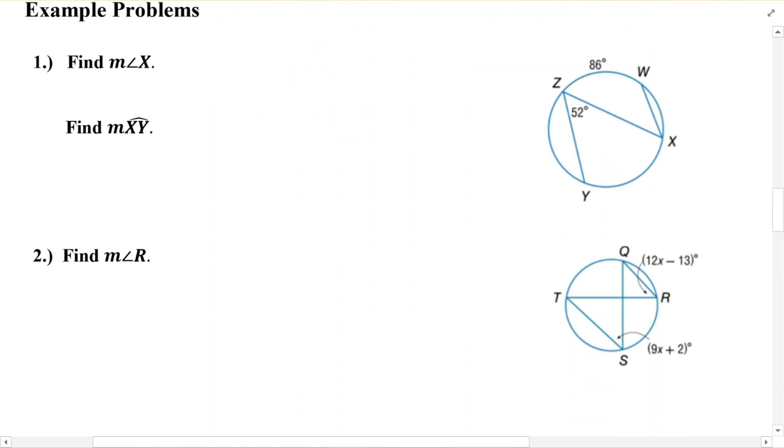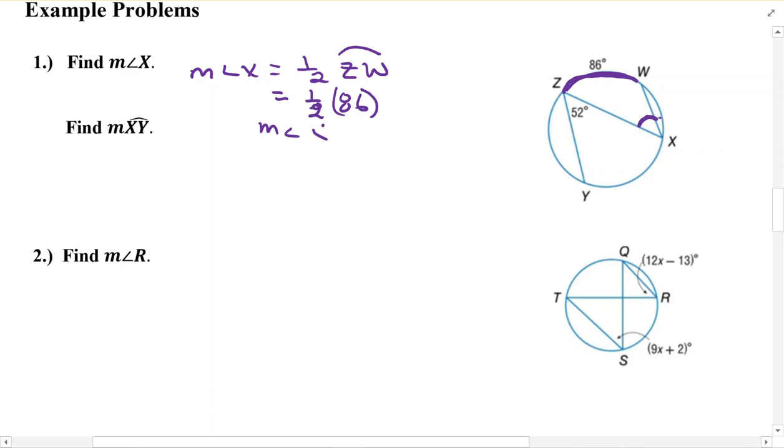In the first one, we want to find the measure of angle X. Angle X is right here. We know that it's 1/2 of the intercepted arc. So the measure of angle X equals 1/2 the measure of arc ZW. So that's 1/2 of 86.